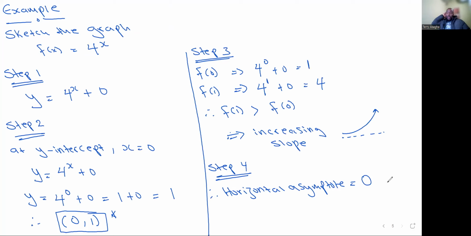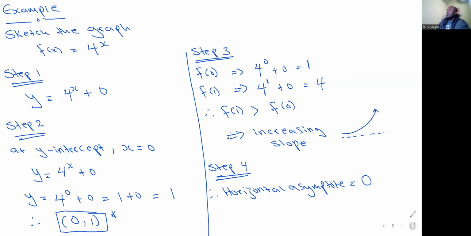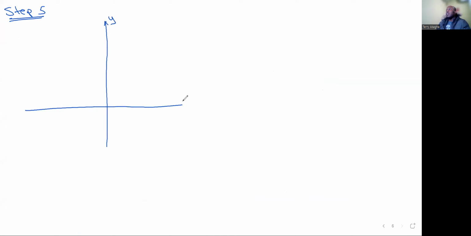So let us sketch the graph and see what we'll get. Step 5, let's sketch the graph. We have everything we need, so we draw the graph. This is the y and this is the x.